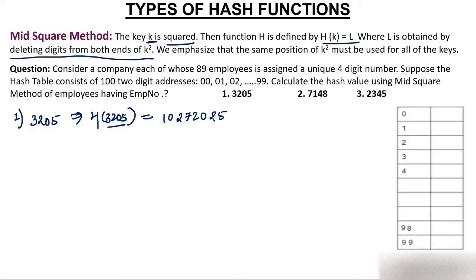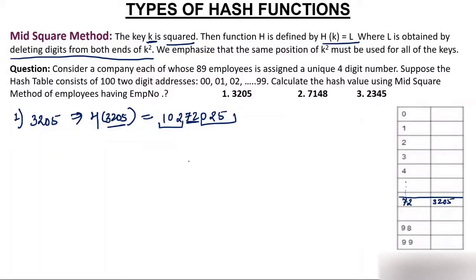Now you have a hash table whose addresses are from 00 to 99. Can you get any hash address? No. So you will take the middle of this square. The middle of this square is 72. You discarded the first 3 digits and the next 3 digits, and at 72 you will store H(3205). So at this 72nd location, I'll store 3205.